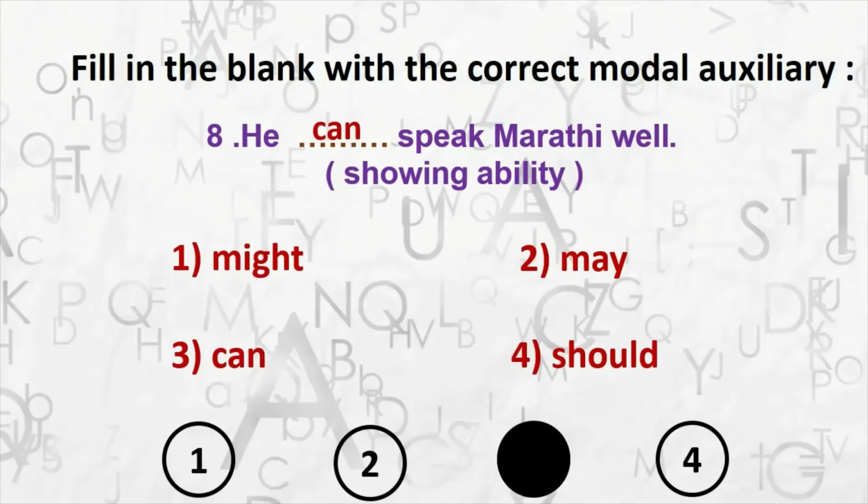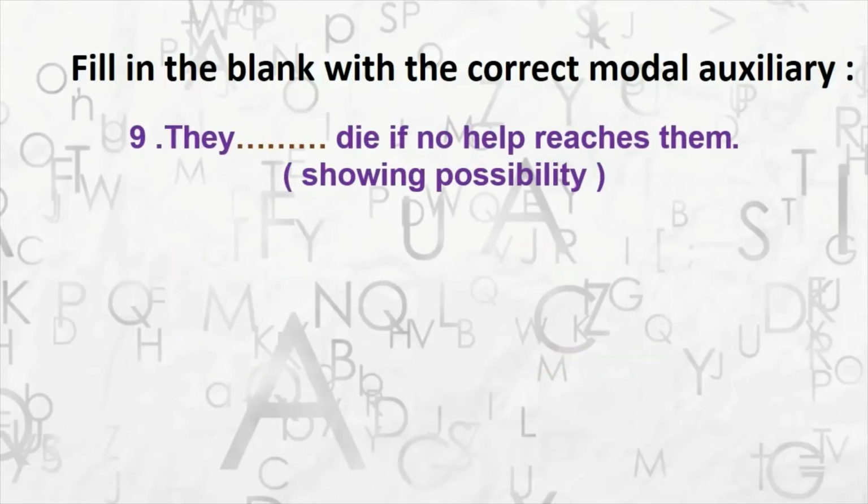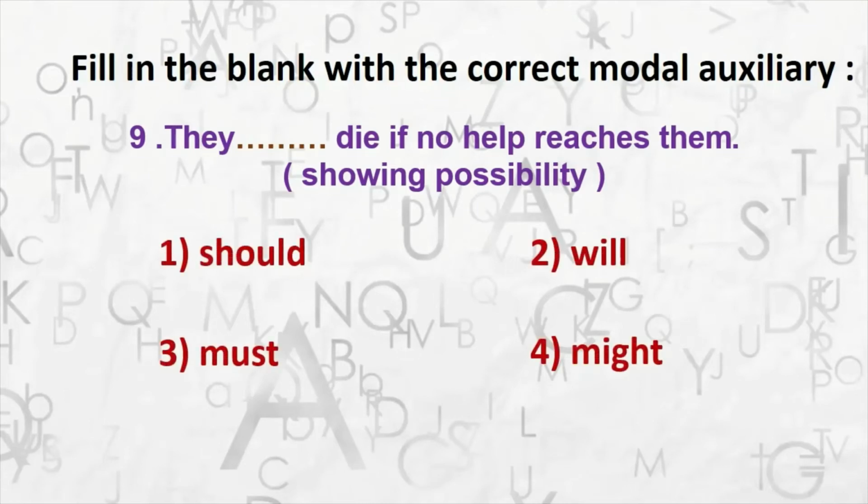Alright, moving on to the next example. They dash die if no help reaches them. Now we have to look at a word which will indicate possibility. Possibility means something which could happen, something which may not happen. Alright, so let's take a look at the options here. They should die if no help reaches them.